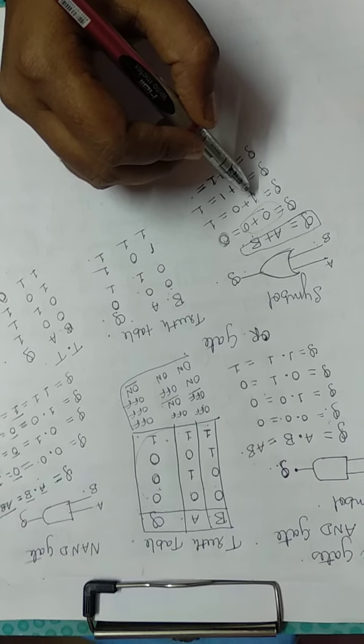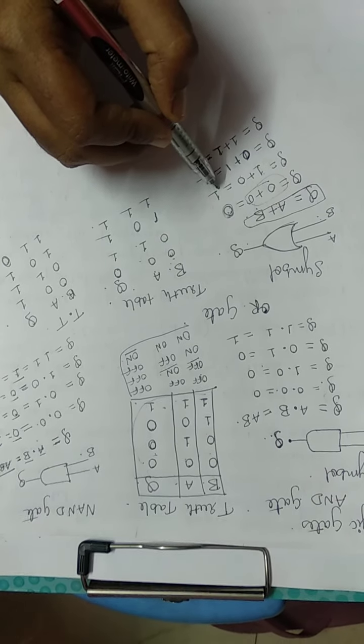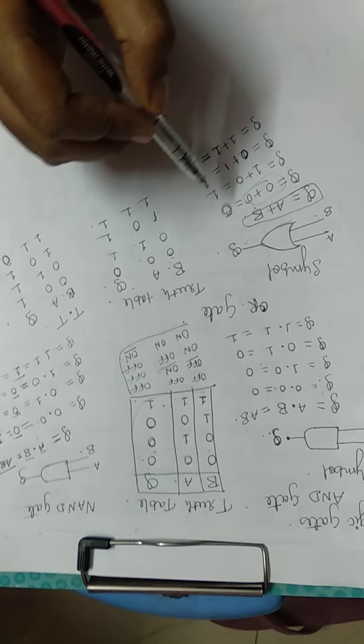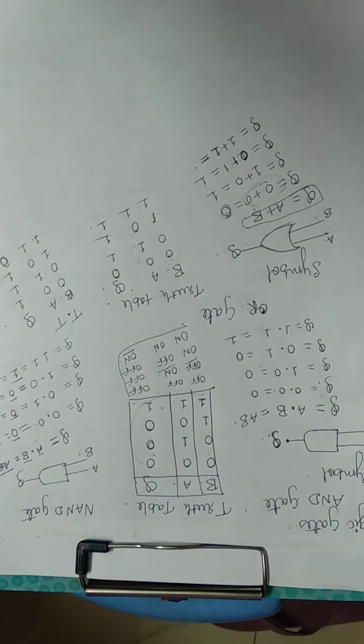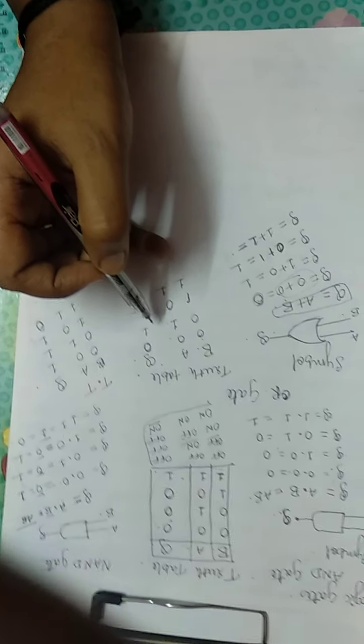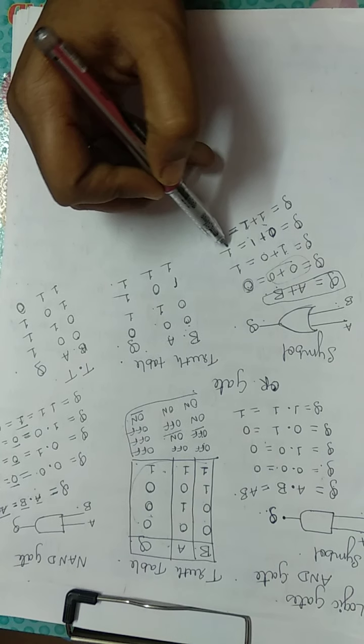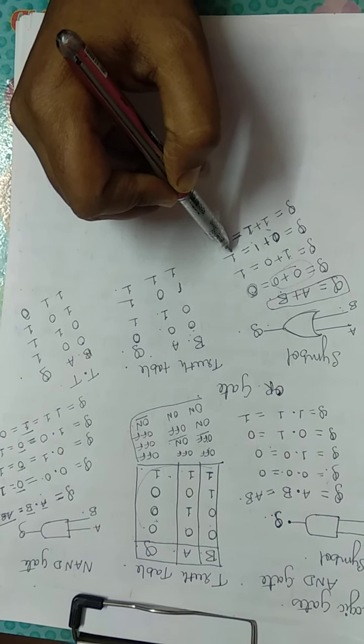When A is on, B is off: 1 plus 0. What will we get? We'll get 1. Then next is 0 plus 1. We'll get 1.